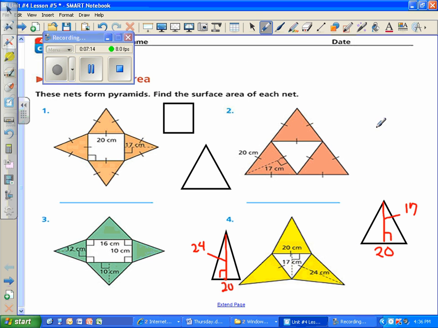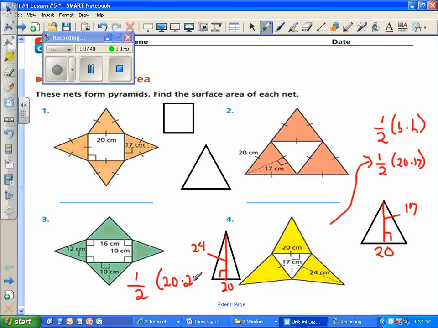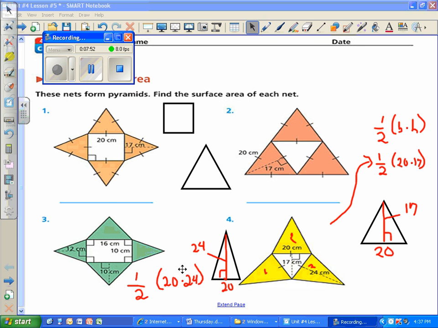Alright, so formula, still the same, 1/2 of base times height. So 1/2 of 20 times 17. And then this one over here is going to be 1/2 of 20 times 24. But then remember that you do have 3 triangles to represent here. So the first thing you need to do is take 20 times 24.